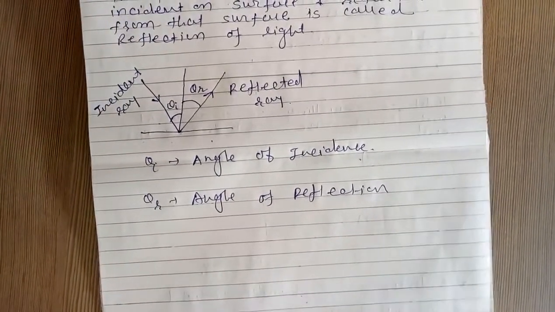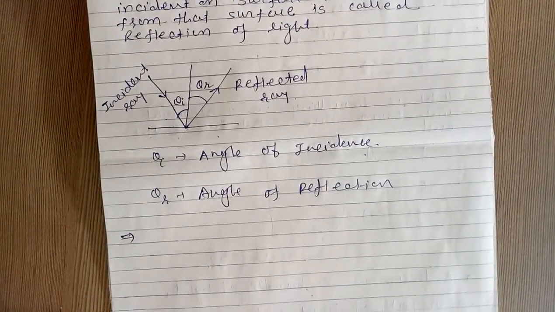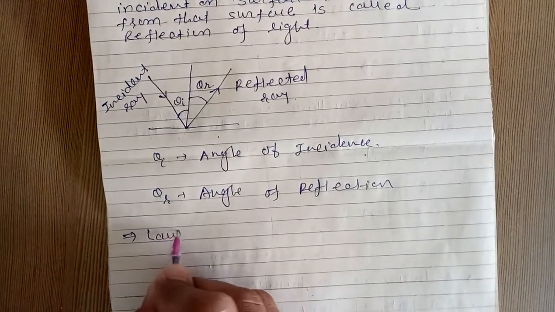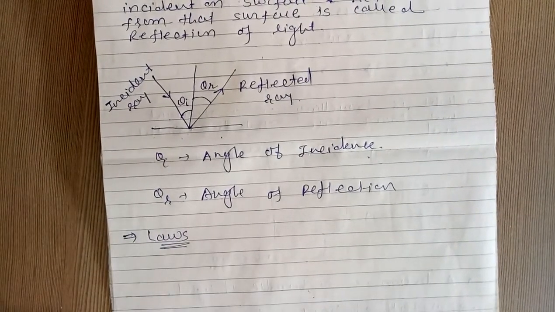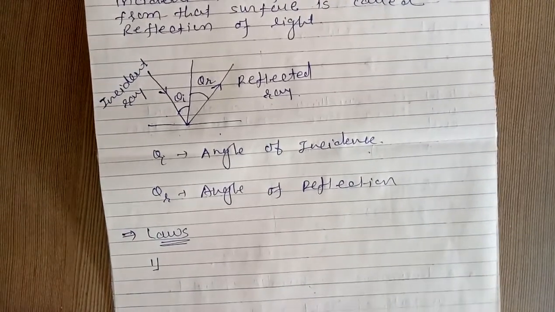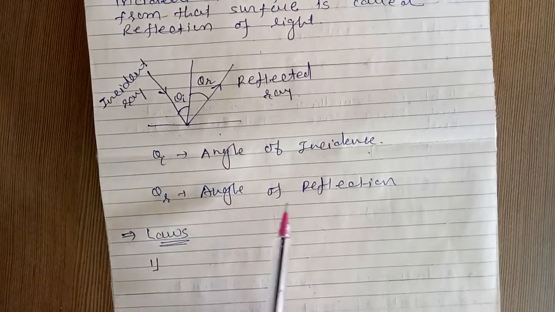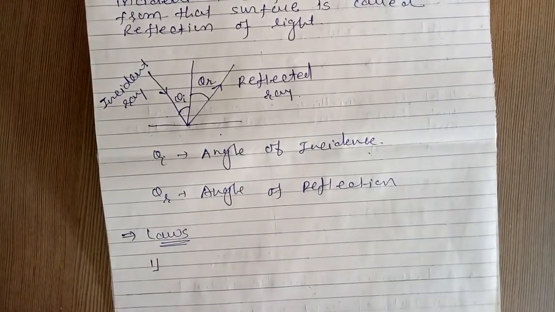Now we discuss the laws of reflection. This topic you also studied in your standard 10. You know that the angle of incidence and the angle of reflection are the same.